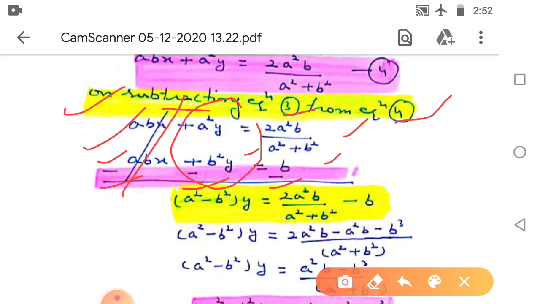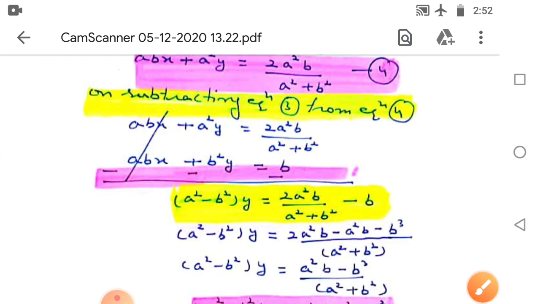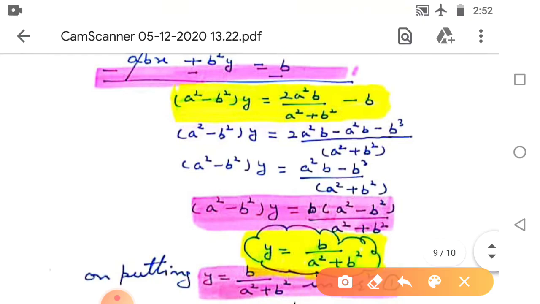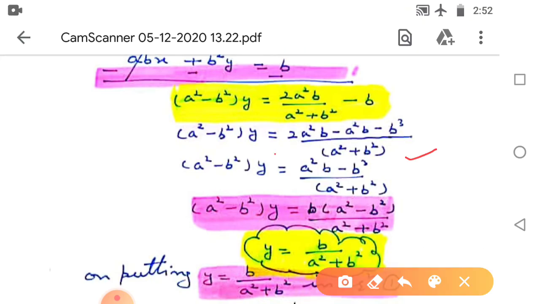Here you can take y common, and we are left with (a² − b²) y equals 2a²b upon (a² + b²) minus b on the RHS. On the RHS you have to take the LCM, which is a² + b². After taking the LCM, the numerator becomes 2a²b − a²b − b³.